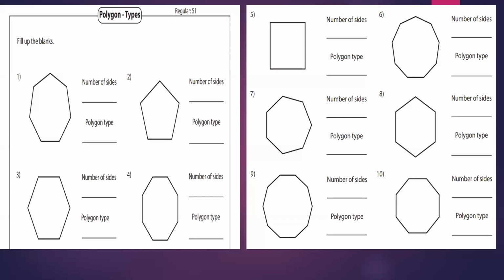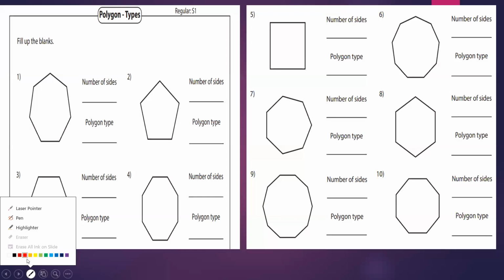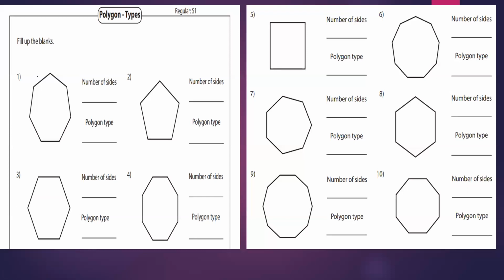All right, so let's begin with number one. I'm going to begin with Alasia. Number one, how many sides does number one have, Alasia? 7. 1, 2, 3, 4, 5, 6, and 7. So number one has 7 sides.